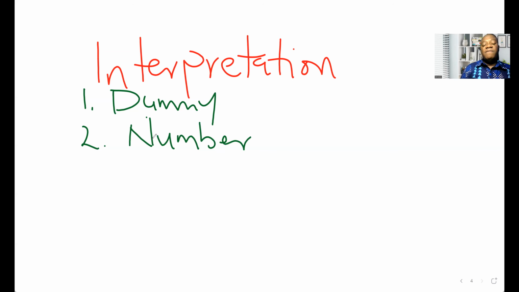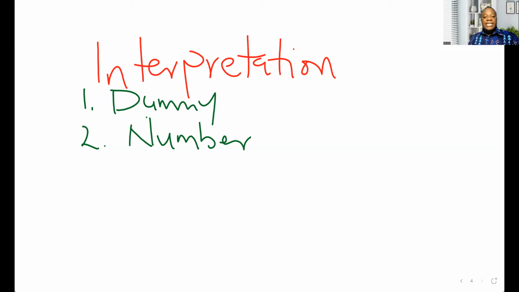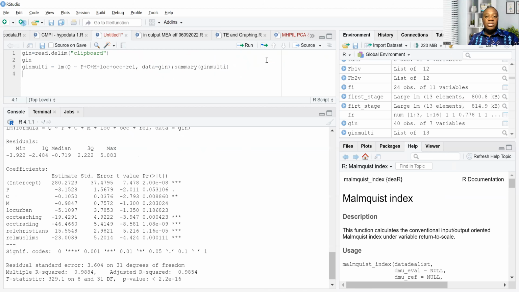Okay. For example, who can tell me all the numerical variables? Let me take you back. This you should know from the storyline, not now. If you look at the independent variables: price, complement price, average income, location urban, occupation teaching, occupation training, religion Christians, religion Muslim, which ones are numerical variables?